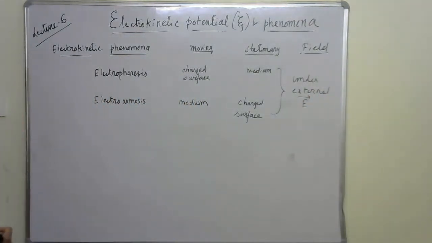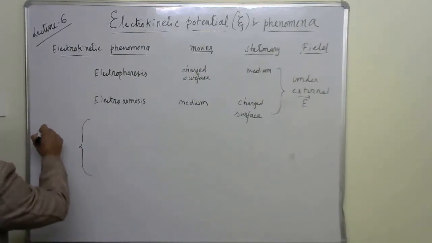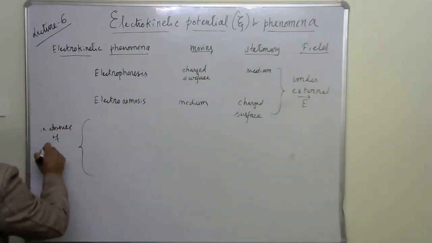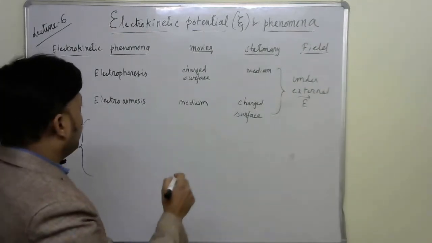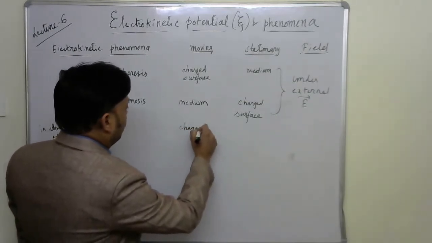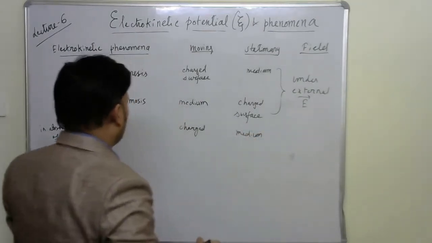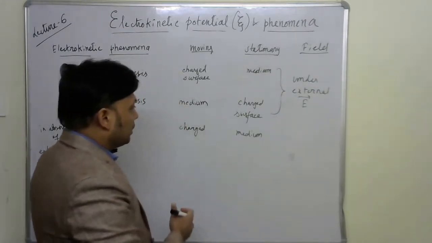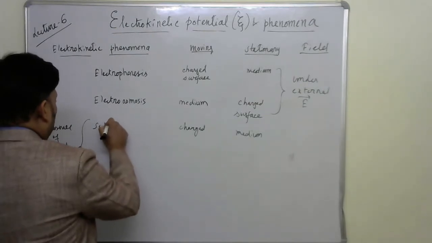On the contrary, here what happens is that in absence of any external electric field, if we keep the charged surface moving relative to the stationary medium, then we would generate a potential. That potential is called sedimentation potential.